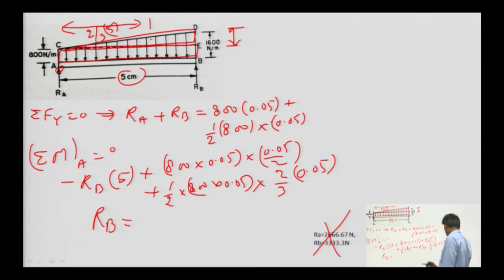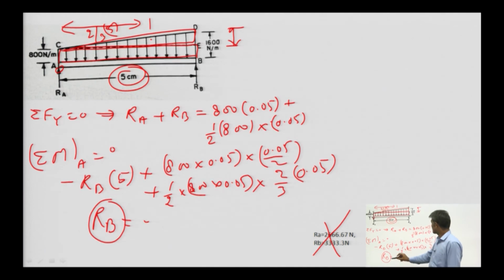This is correct, this is not correct, because in calculating the value of RA and RB, I have taken 5 centimeter in meters. So, you calculate by yourself. By doing the calculation for RB with this equation, find the value of RB, and put the value of RB from here, then both RA and RB will be calculated.